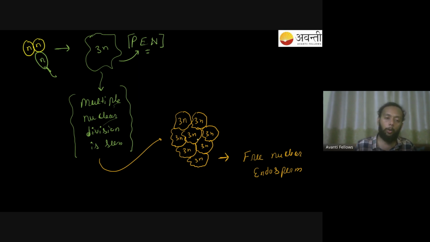So the primary endosperm nucleus will undergo multiple nuclear divisions to give me a free nuclear endosperm. And once a large amount of nuclear endosperm has been formed, after that the wall formation can be seen.